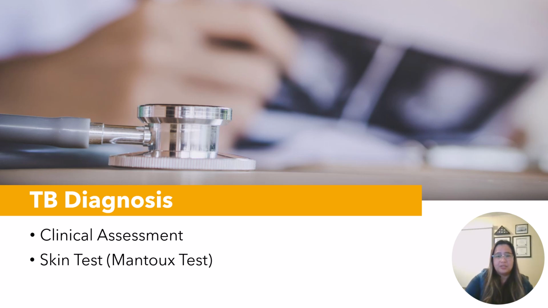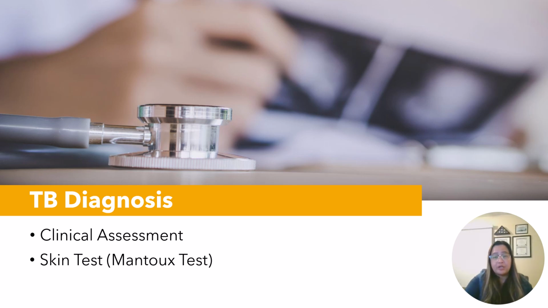It's also known as the Mantoux tuberculin skin test, TST, or sometimes they also call it the PPD. With this skin test, a small amount of tuberculin purified protein derivative, that's what PPD stands for, solution is injected under the skin. If a raised bump or induration appears after 48 to 72 hours, it may indicate TB exposure.